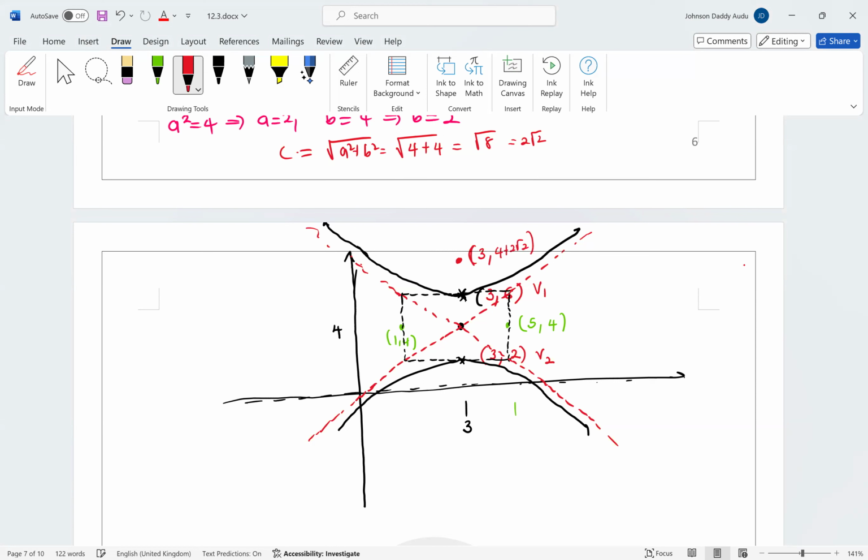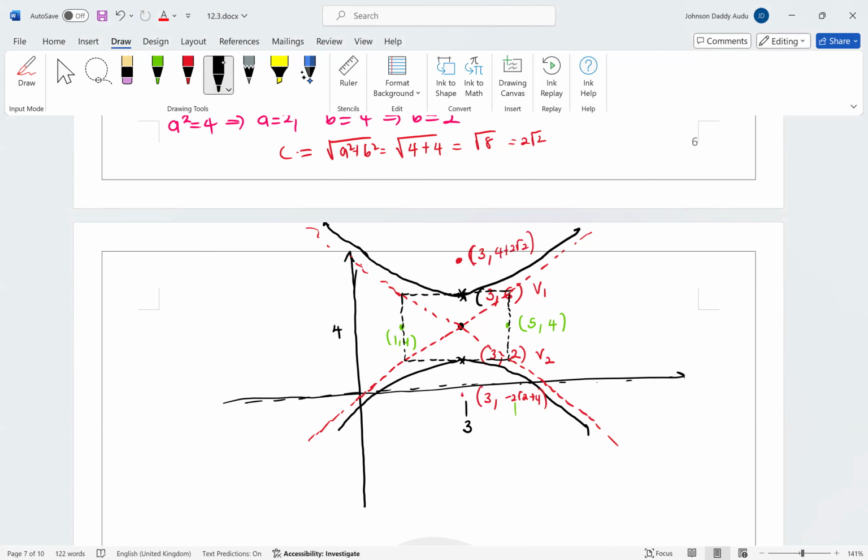And also here, which is still going to be 3, but now it's going to be minus, because you have minus 2 root 2 plus 4.